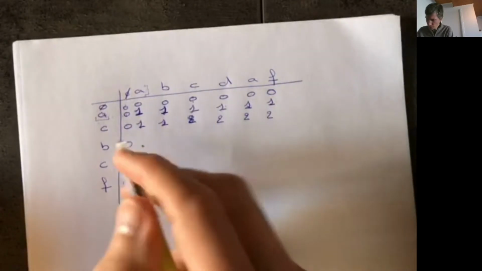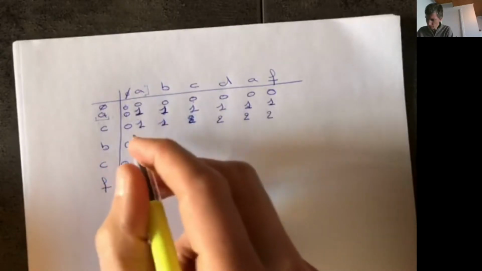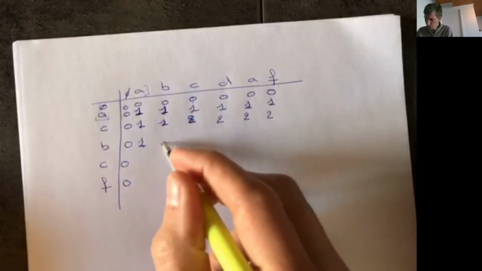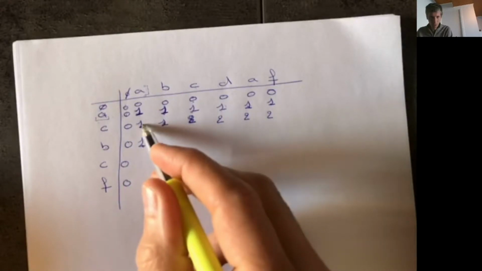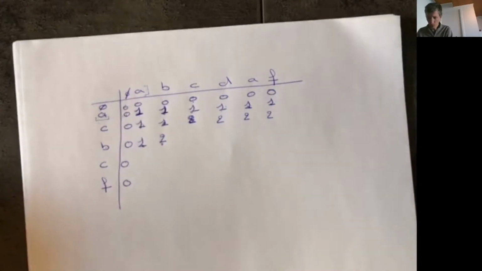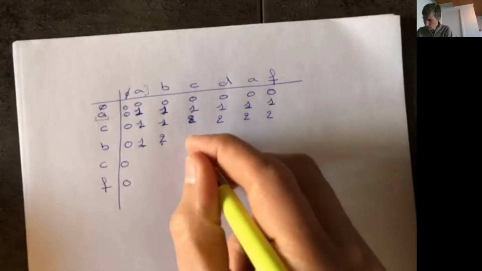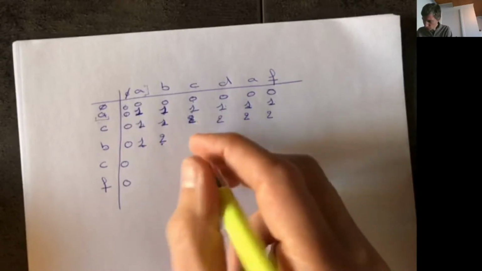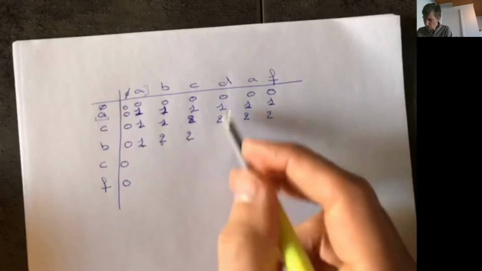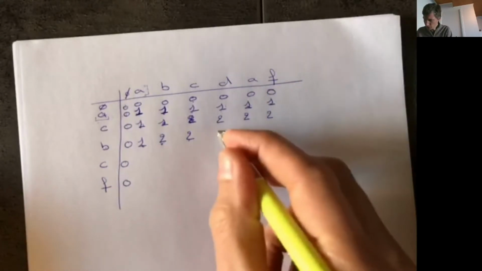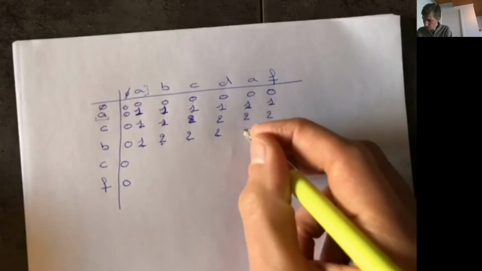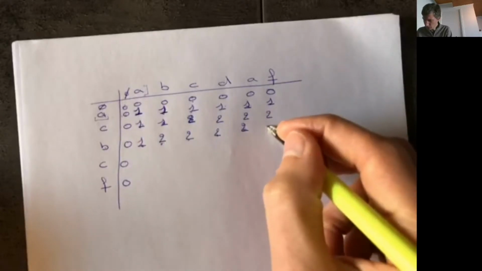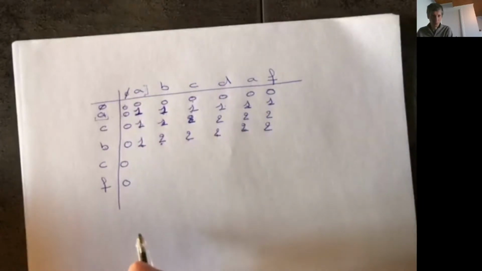For B, B is different from A, so here I have the maximum of 1. B is equal to B, so here the maximum of 1, 1, or 1 plus 1, which is 2. So I will have a 2. B is different from C, so the maximum of 2 or 2, which is 2. B is different from D, so I have 2. B is different from A, so here also 2, and here I will also have 2.